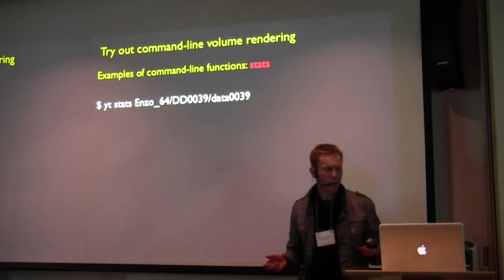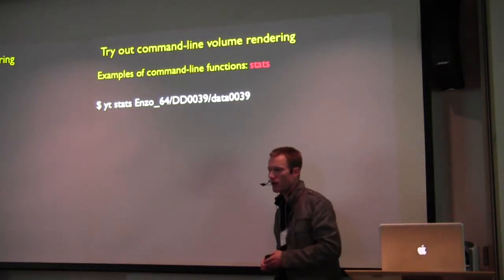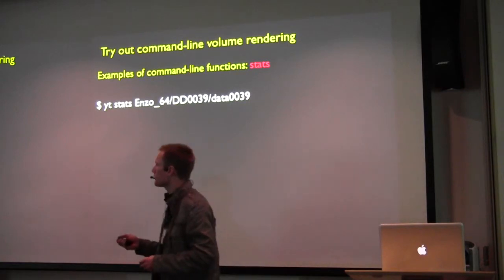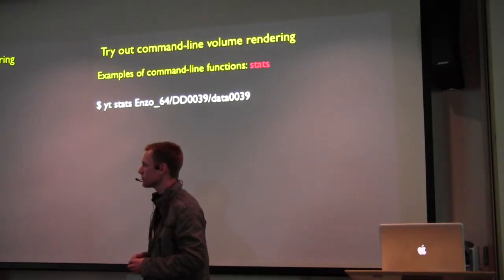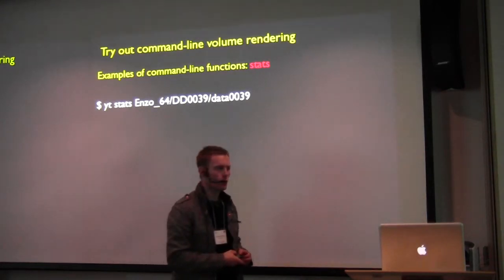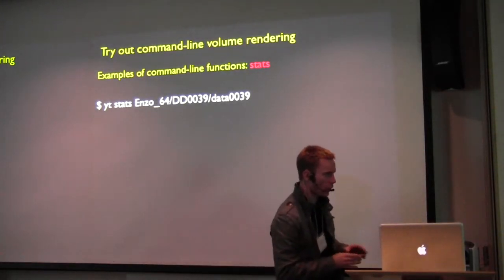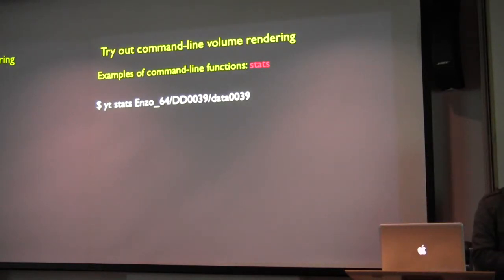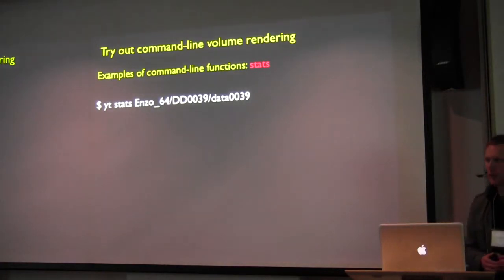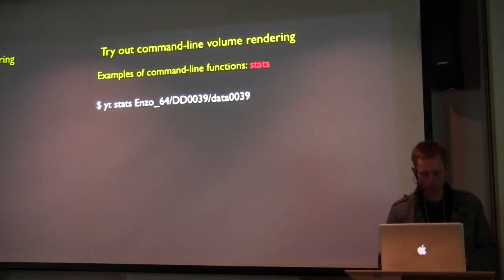So, one, just do yt stats on some data file. I just chose arbitrarily Enzo64 DD0039. Like I said, this is really good for just getting quick and dirty. You want to figure out what's going on with a data file. So if you do yt stats, that's going to be the equivalent of running print_stats in a script. Has anybody done that?